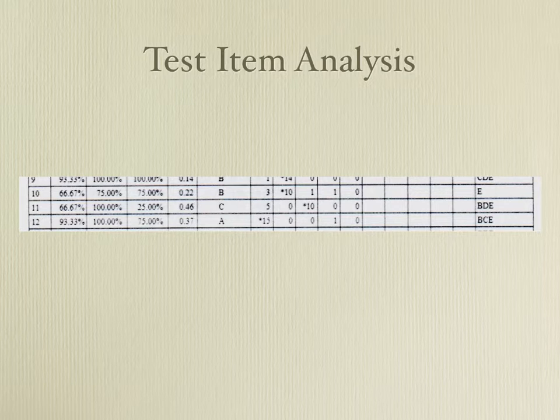So this was a really good question that was written well enough and provided enough distractors so that only those who had the knowledge to answer the question got that correct. We know that because we can look at the point biserial of 0.46, tells us our correct answer was C. And we also want to look at the distractors.